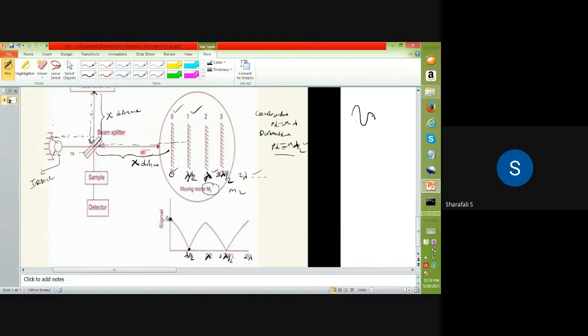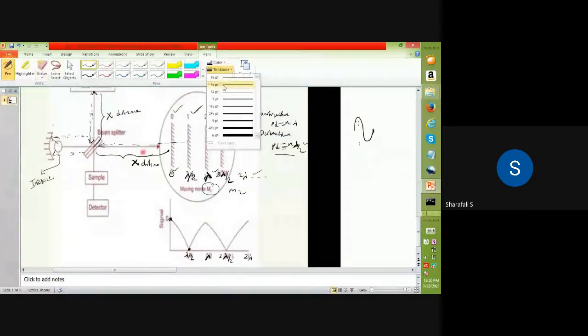If you consider one as a sine wave, then you will be getting a cosine wave from M2, because they are destructively interfering.